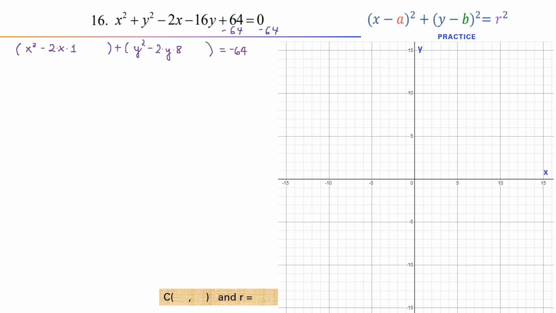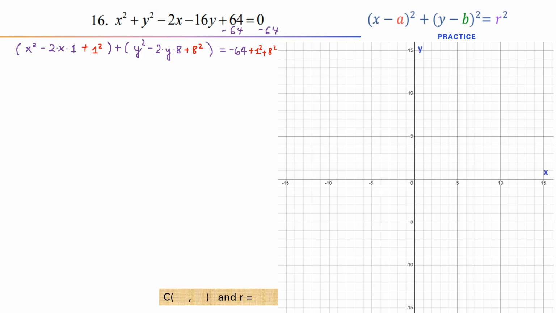Now to complete the square, we add 1 squared to both sides. We add 8 squared to both sides.